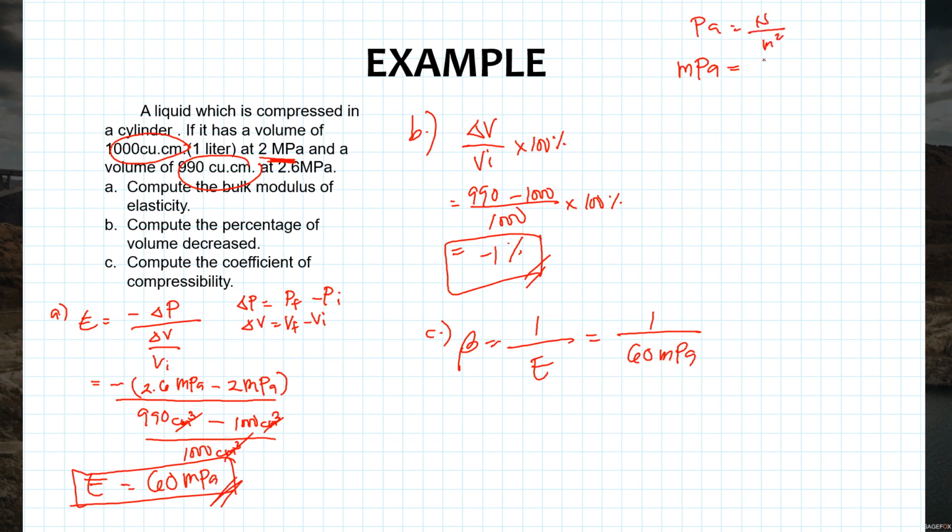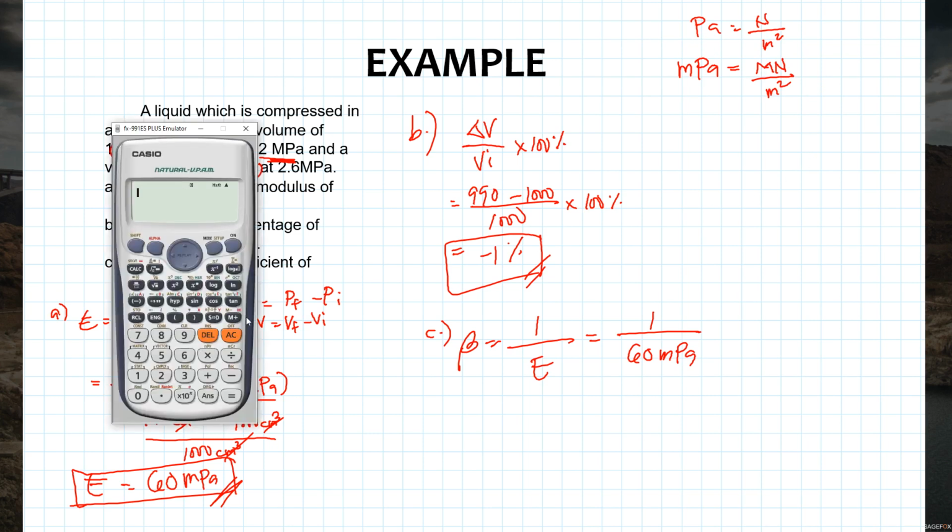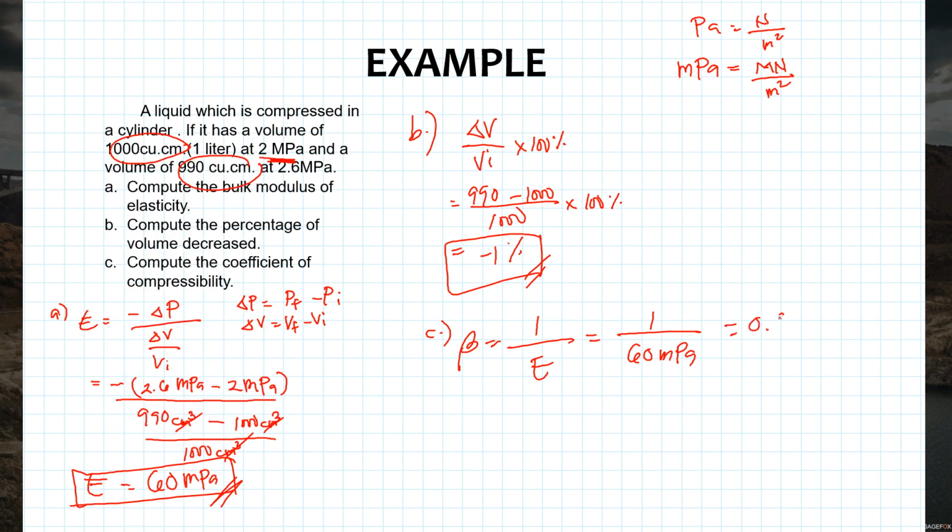So if it is in megapascal, it means that it is in meganewtons per square meter. Okay? So if we divide 1 over 60, our answer is 0.0167. But the unit will be reciprocated: square meter over meganewton.